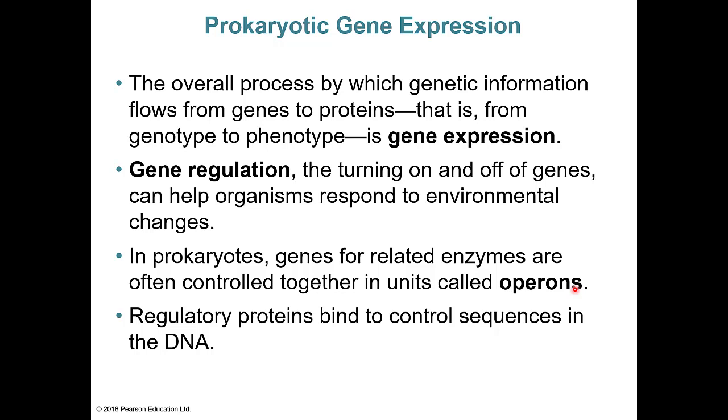There can be on this DNA a particular area where a regulatory protein can come in and bind to allow us to get access to those genes, to turn on those genes or to turn off those genes. So we have a lot of these different regulatory proteins that get involved as well.